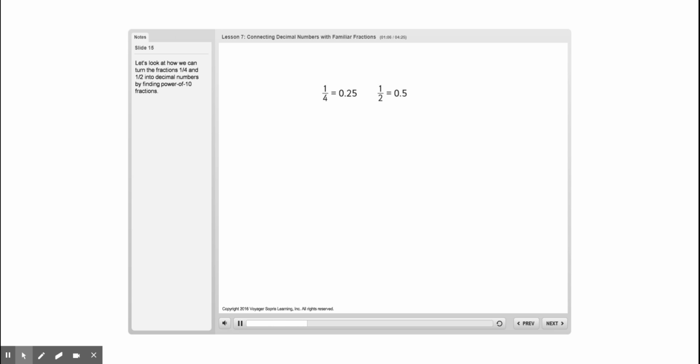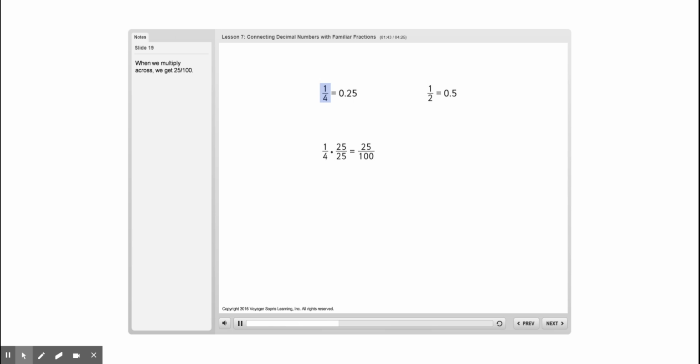Let's look at how we can turn the fractions 1/4 and 1/2 into decimal numbers by finding power of 10 fractions. We want to turn 1/4 into a power of 10 fraction. We want to multiply by a fraction equal to 1 that will give us a denominator that is a power of 10. 4 does not divide evenly into 10, so we will use 100 for the denominator. 25/25ths equals 1 and will give us a denominator of 100.